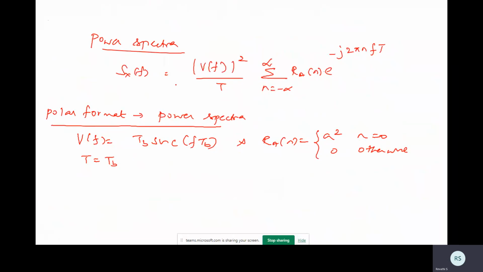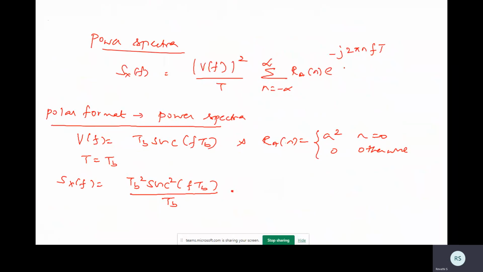So Sx of f is TB square sinc square of f TB, that is modulus V of f the whole square, divided by TB, multiplied by the summation, where we substitute only n equal to 0.